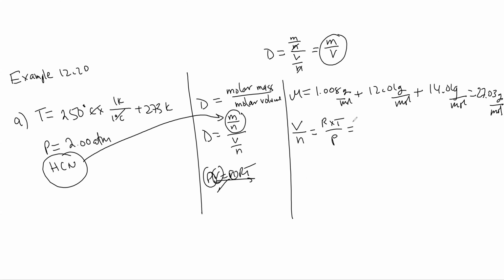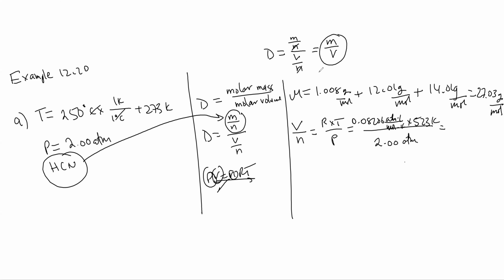So let me plug everything in: 0.08206 atmospheres liter per mole Kelvin, times the temperature, which is 250 plus 273. Let me use my calculator to make it fast. 250 plus 273 gives 523 Kelvin. I'm going to divide it by the pressure, which is 2.00 atmospheres.